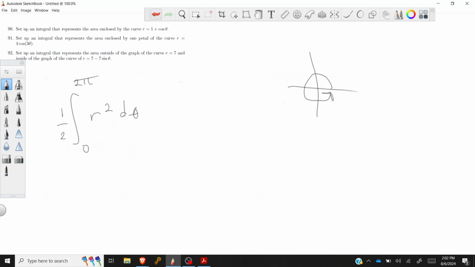So that one's pretty simple, right? The hardest part about these questions for me is figuring out what the bounds are going to be, especially with overlapping curves or specific angle measurements. But when it asks you to integrate the entire thing, it's pretty easy.